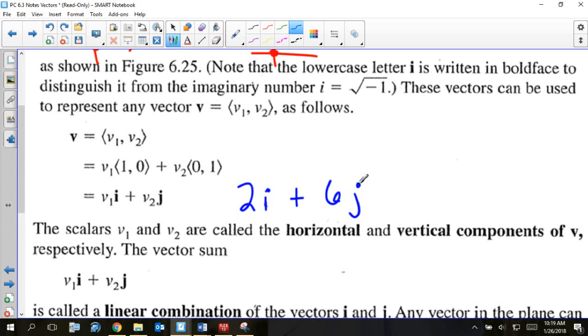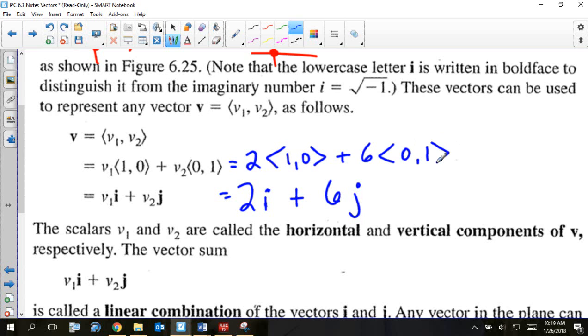So the next step, if you look above it, it says you're now going to have 2 times 1, 0 plus 6 times 0, 1. Okay? I'm going to go one step above it, except actually there's a step that's not shown that I'm going to show you.